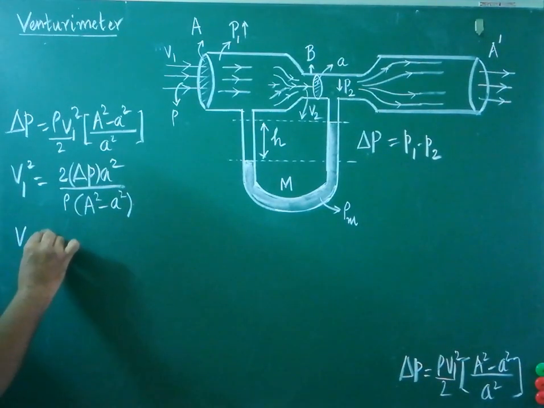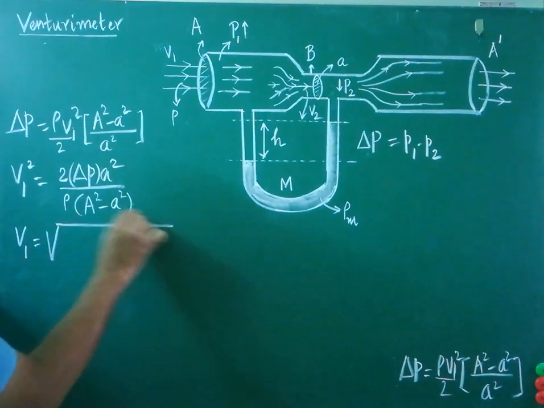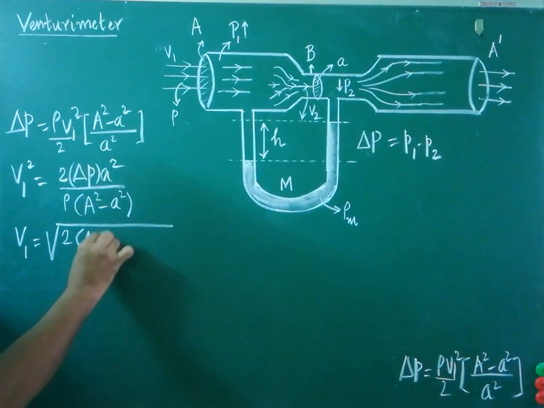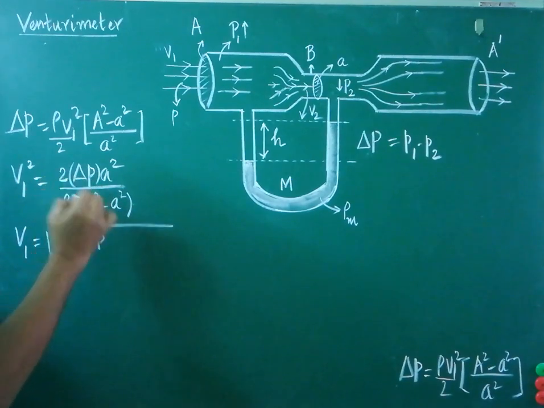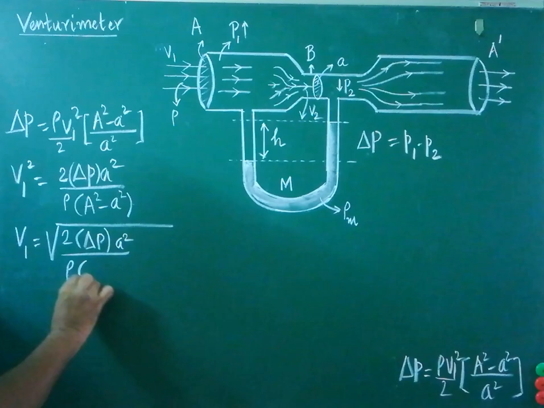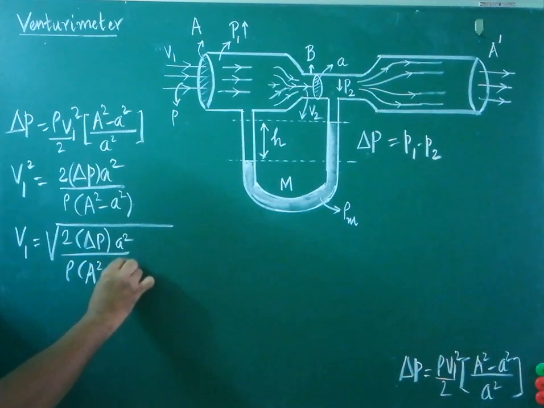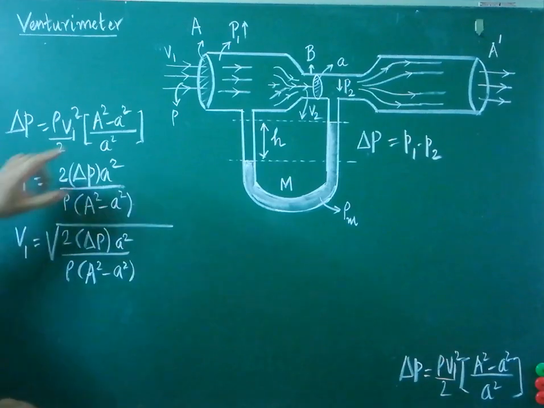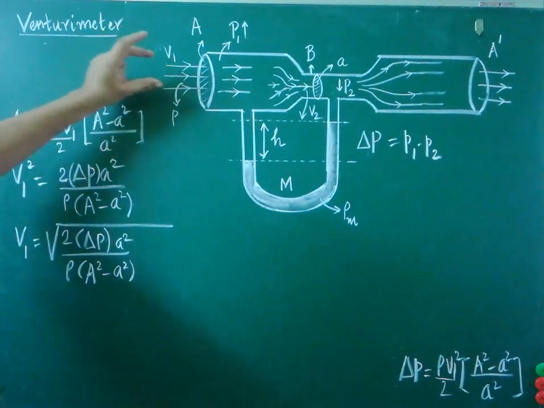V1 is equal to square root of, all the factors must be written within the square root. 2 del P A square divided by rho, A square minus small a square. So this is the final expression. Are you clear? Now we have calculated velocity with which the liquid enters into the pipe.